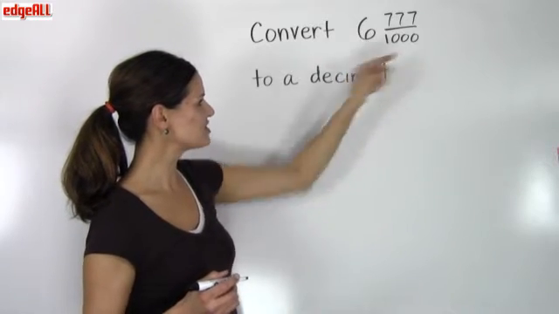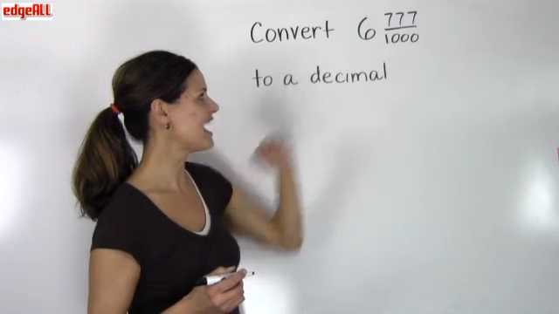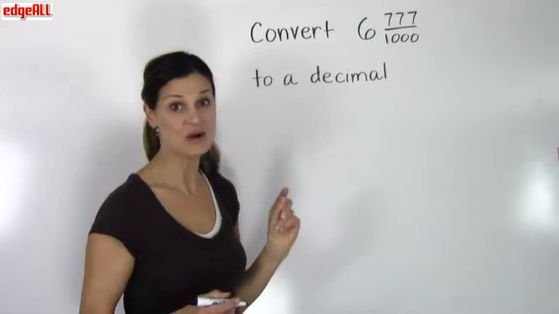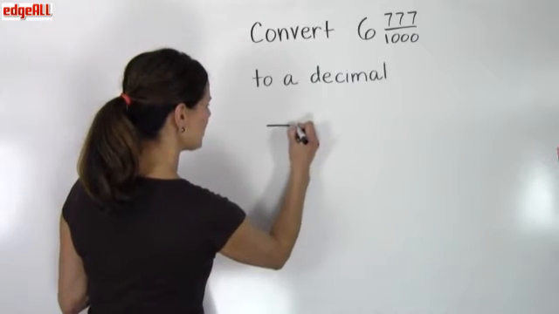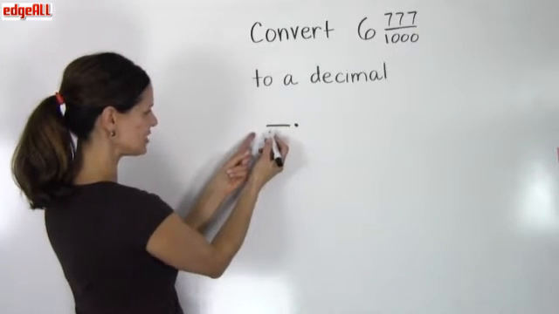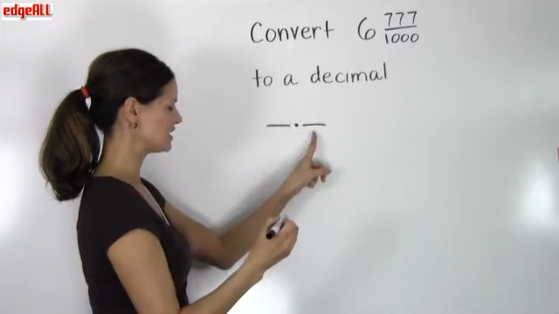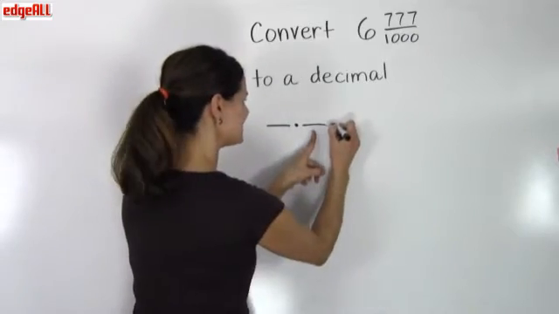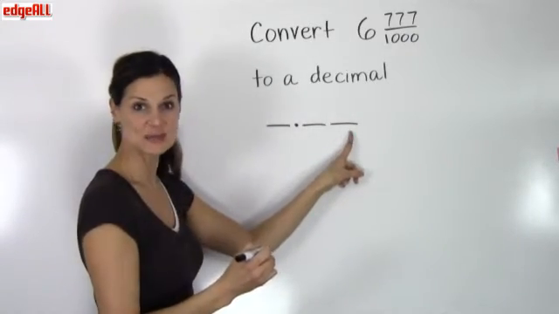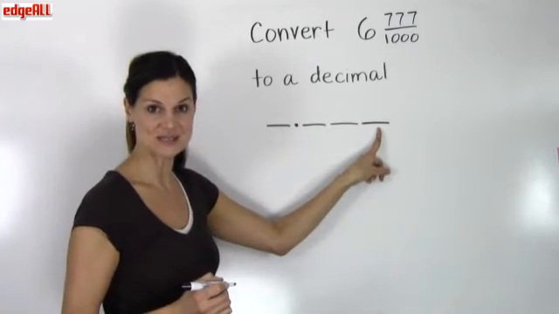So our fraction here can be read as 6 and 777 thousandths. And as we remember from our decimals, we've got our ones place here to the left of our decimal point, and then the first position to the right of our decimal is our tenths place. The second position is our hundredths place, and the third position here is our thousandths place.